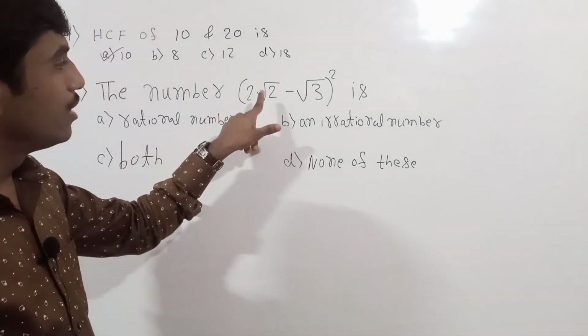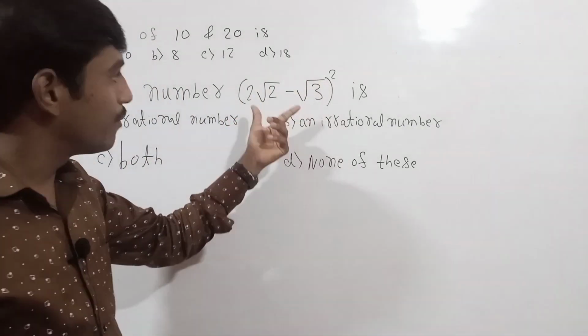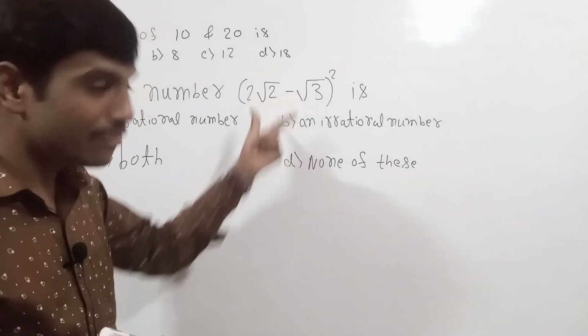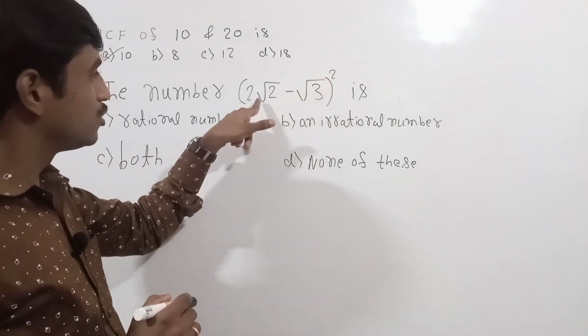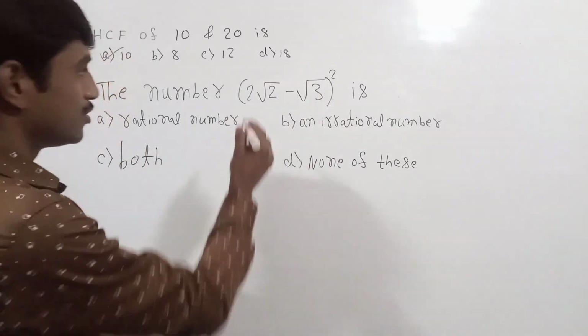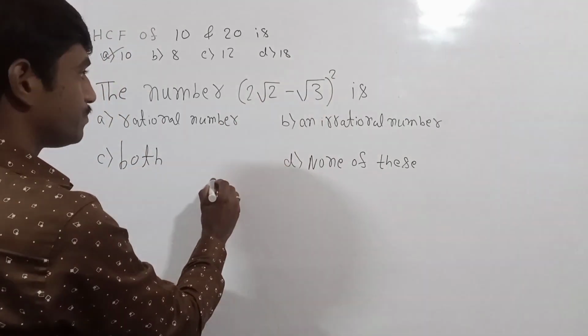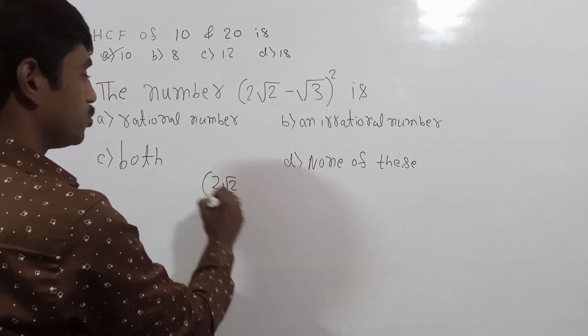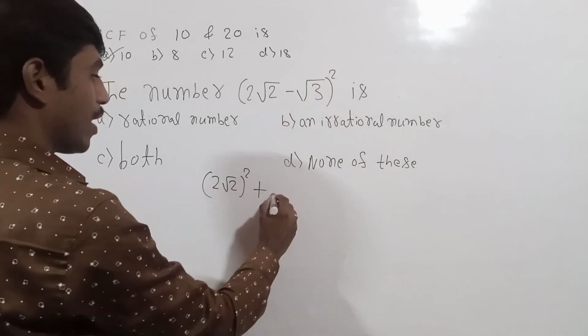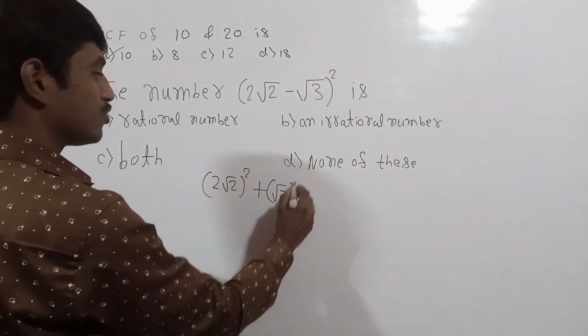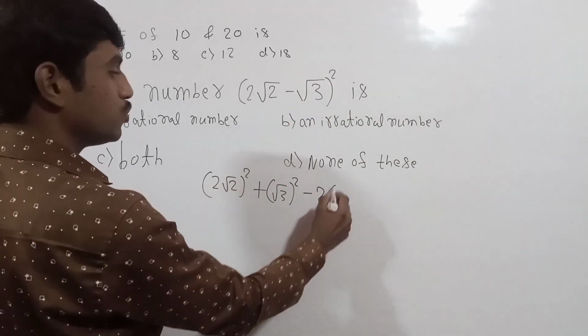Here we need to apply the (a minus b) whole square formula. So a square, which is 2 root 2 whole square, plus b square, which is root 3 whole square, minus 2 into a into b.